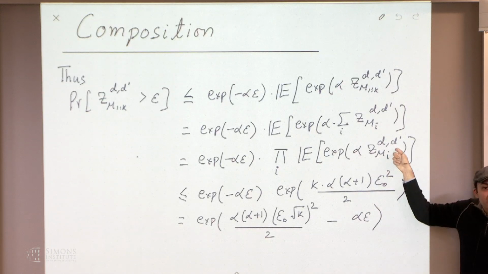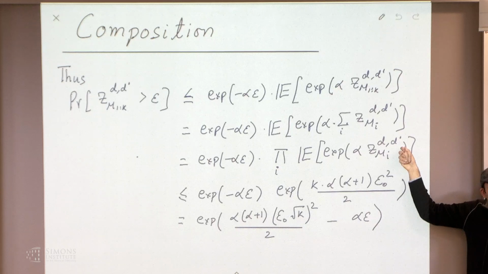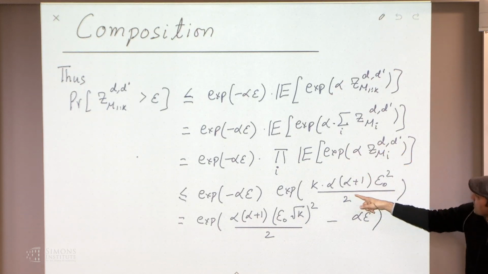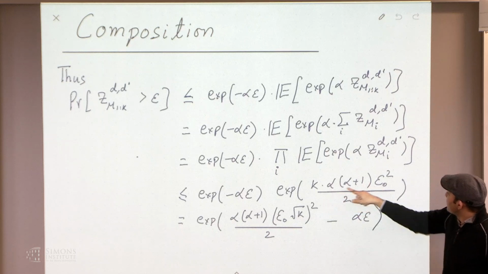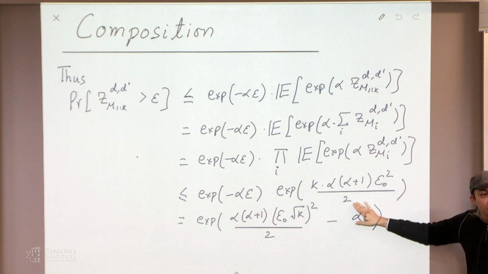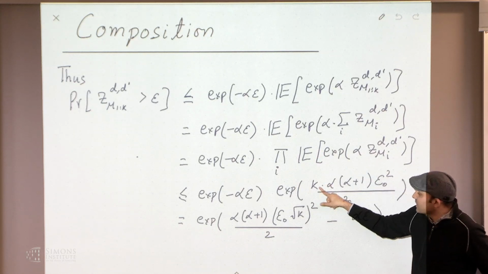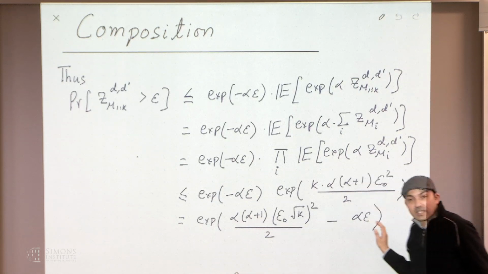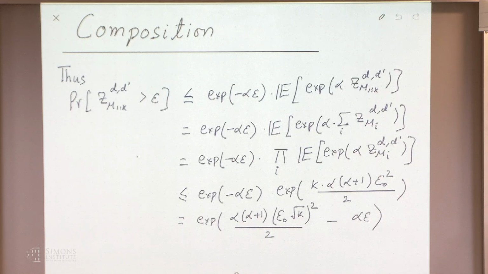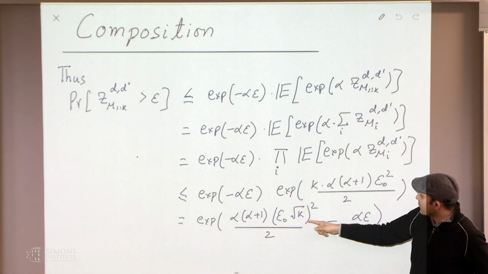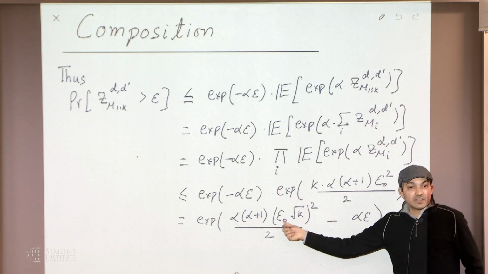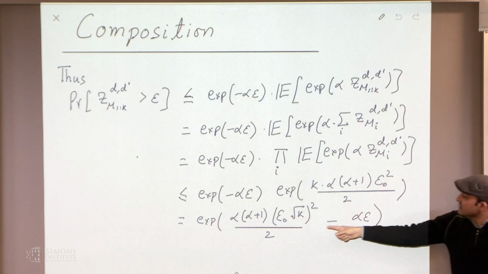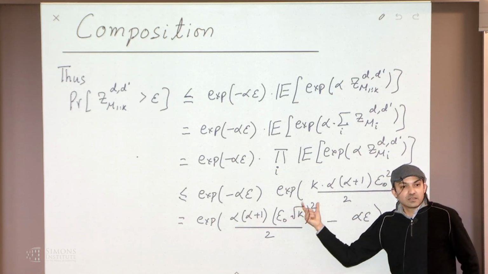Each of these mechanisms satisfies epsilon 0 differential privacy. So this quantity is bounded by e to the alpha times (alpha plus 1) epsilon naught squared over 2, which is what we argued earlier. There's k of them, so I get a k here. And if you rewrite that, you get something like this. And this should look interesting because instead of epsilon naught times k, because I had a squared here, this looks like epsilon naught times square root k, squared.